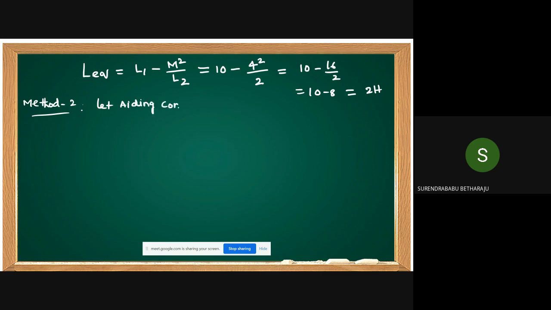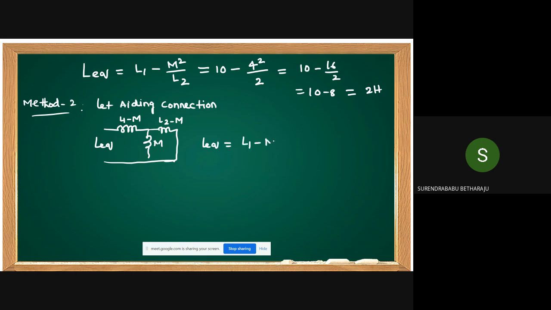If you write in terms of T network, this is L2 minus M. This is M. This is L1 minus M. This is L equivalent. These two are parallel. Then what is L equivalent equal to? L1 minus M plus L2 minus M in parallel with M.